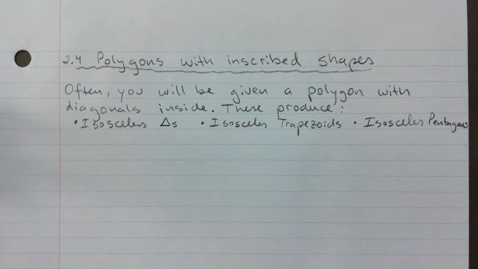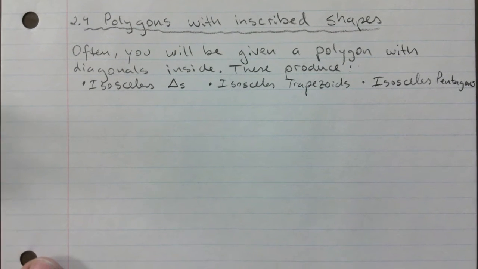It's not a regular pentagon, it's an isosceles pentagon, depending on how the diagonal goes. So that's what I mean by a polygon with diagonals inside. We'll sketch some so you can have an idea, and then we'll go to our booklets because I printed some already, so we don't have to figure out how to sketch these things because it gets complicated.